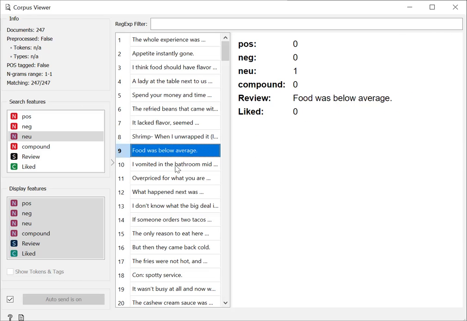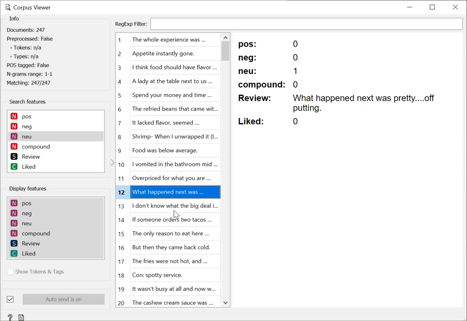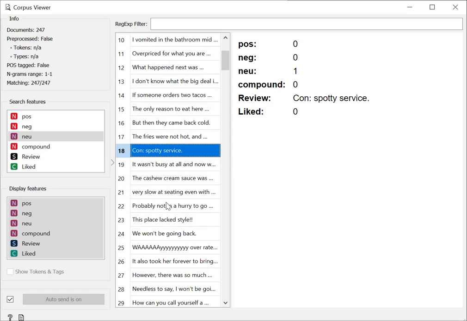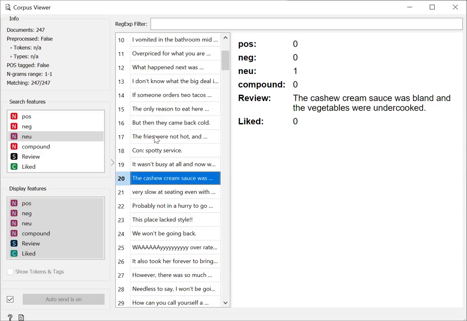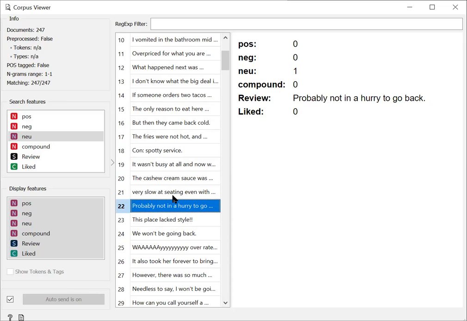Food was below average, overpriced for what you are getting. What happened next was pretty off-putting. Spotty service. So I can conclude that for neutral, Orange didn't do a good job because most of the comments here are negative, but it chose neutral.